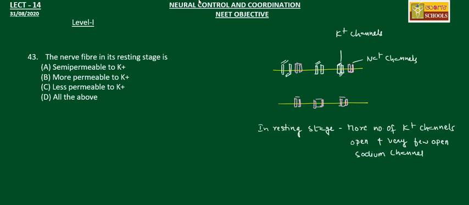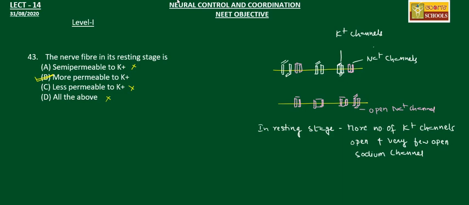So because of this, the membrane will be more permeable to potassium ions. So the nerve fiber in its resting stage is semi permeable to potassium ions. No. More permeable to potassium ions. Yes, this is the right option. Not less permeable to potassium, and not all of the above will be the right answer. Okay, here I'm showing this is a sodium channel, which is open. So open sodium channel.